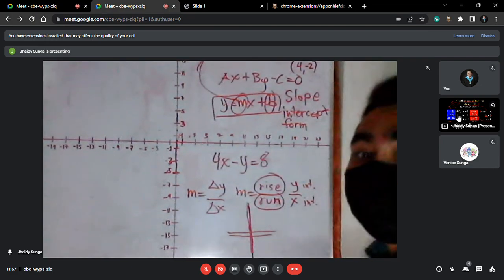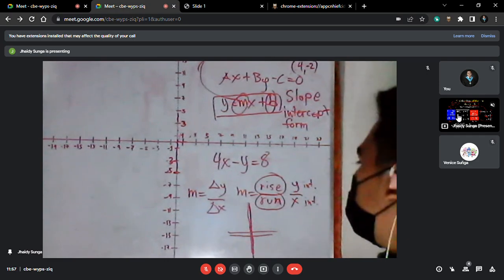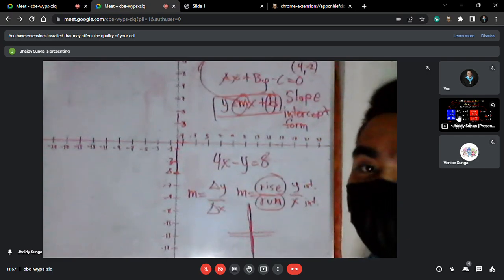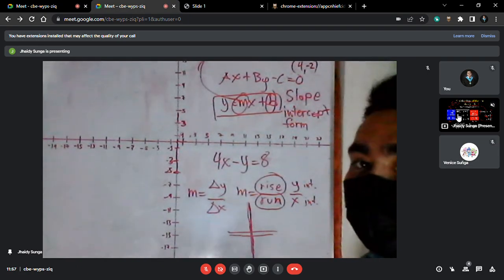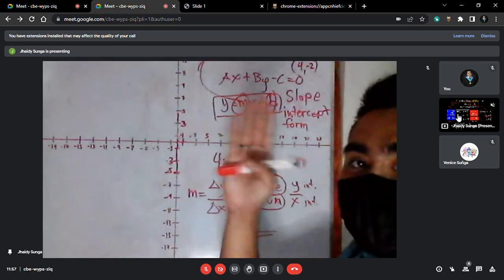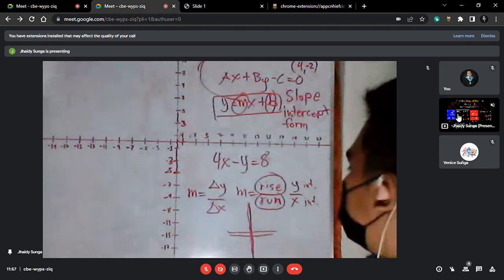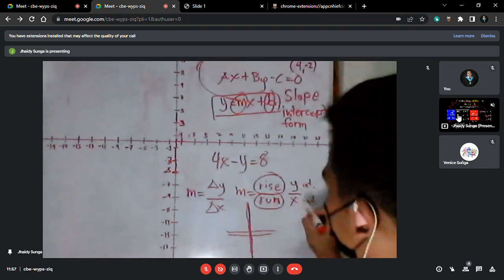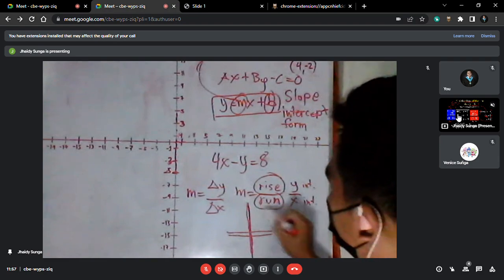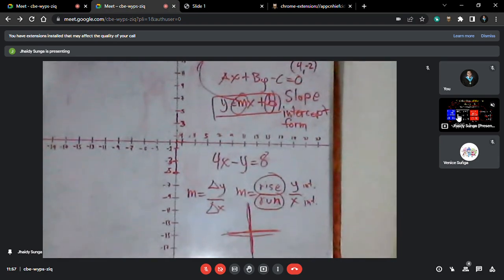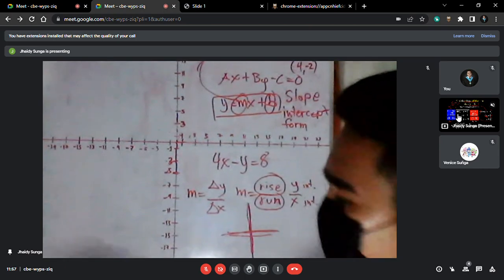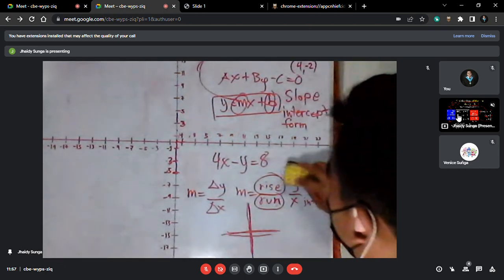Yes, it is the y-axis, but it's also called intercept because you are basing on the y-axis. If you say intercept, you are to base in the y-axis. So from the run, you are basing to the x-intercept. So from the slope, we have y over x, right?